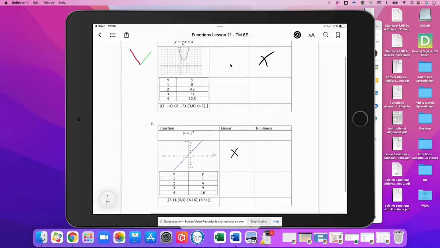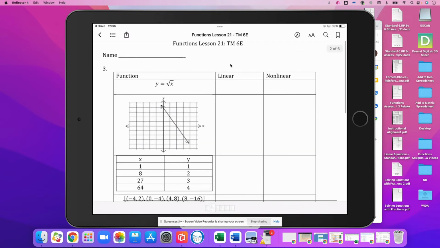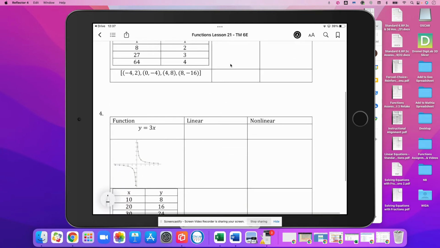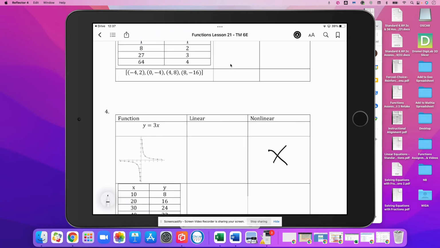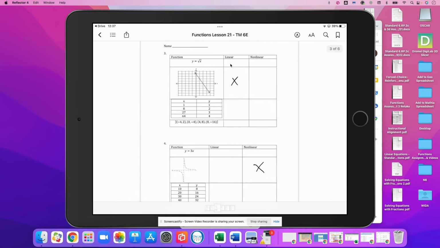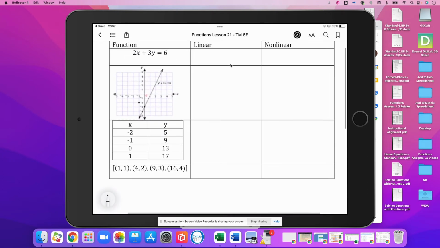So on to number 3. Again, we have what looks like a perfectly straight line. So that's going to be linear. This one is obviously not a straight line. So that is going to be what we call non-linear. Alrighty. Going through these pretty quickly. Straight line, linear.